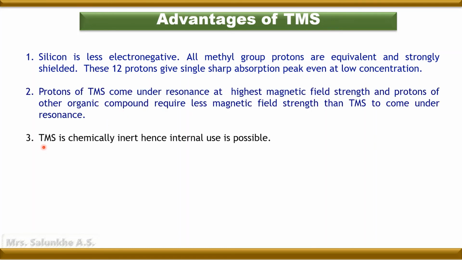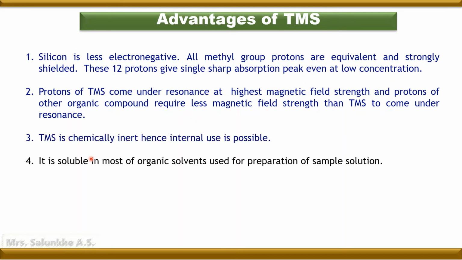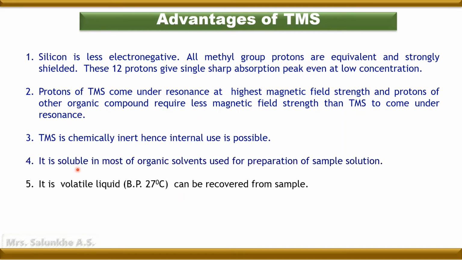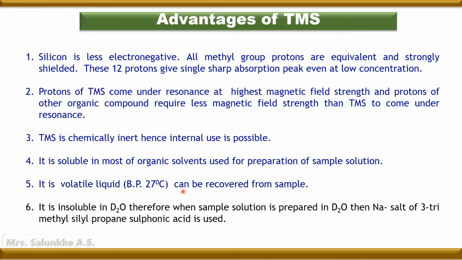Another advantage is that TMS is chemically inert, therefore its internal use is possible. Tetramethylsilane is soluble in most organic solvents used for preparation of sample solution. Another is that tetramethylsilane is a volatile liquid having boiling point 27 degrees Celsius, and as it is volatile, it can be recovered from the sample.